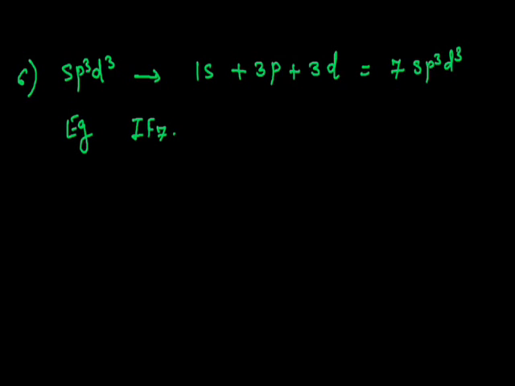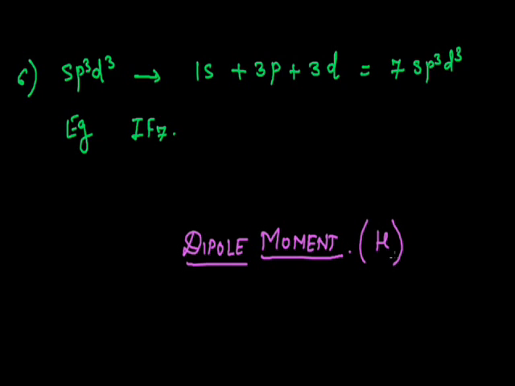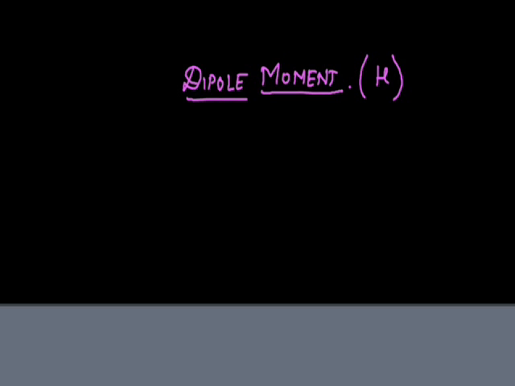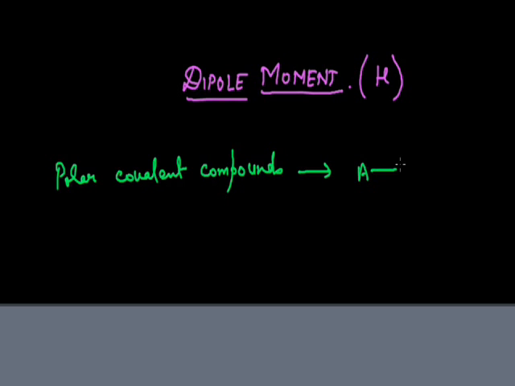Now the next topic is dipole moment. Dipole moment is represented by mu. Dipole moment is generally seen in polar covalent compounds. That means compounds where the atoms sharing electrons have some difference in electronegativities.